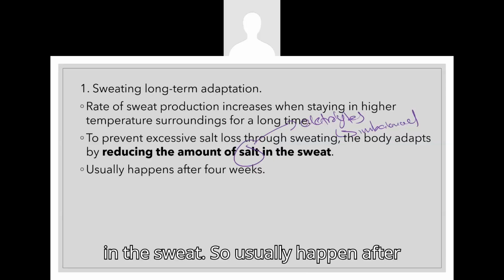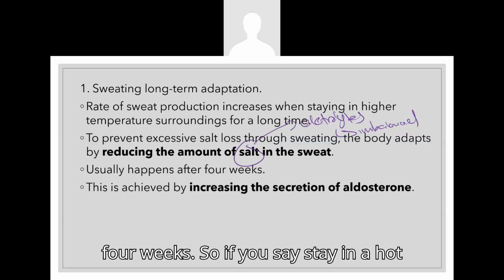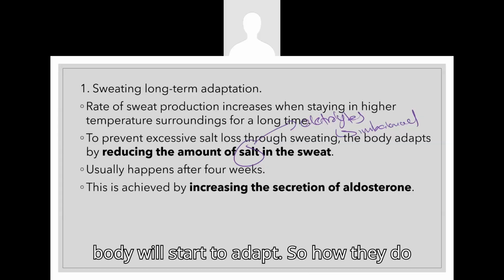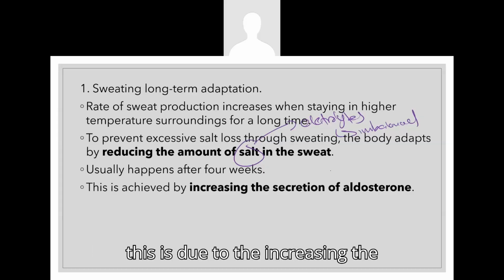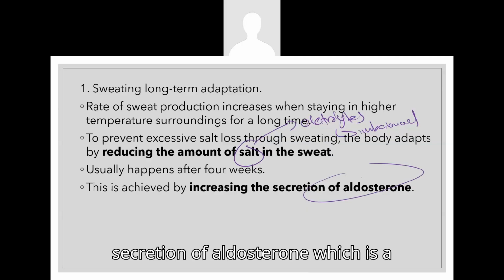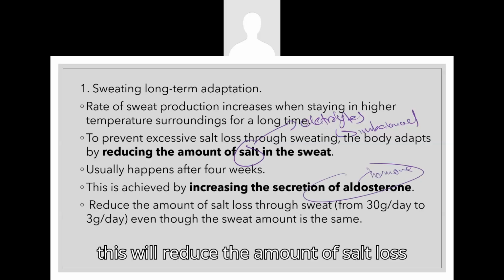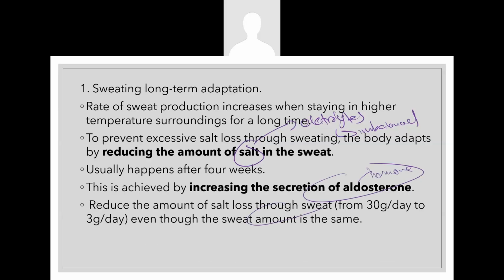So usually this happens after 4 weeks. So if you stay in a hot environment for 1 month, usually the body will start to adapt. How they do this is by increasing the secretion of aldosterone, which is a hormone. So this will reduce the amount of salt loss through sweat.